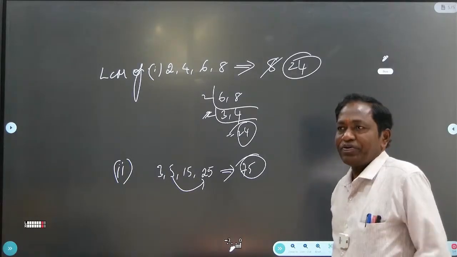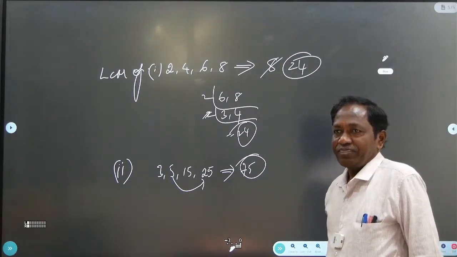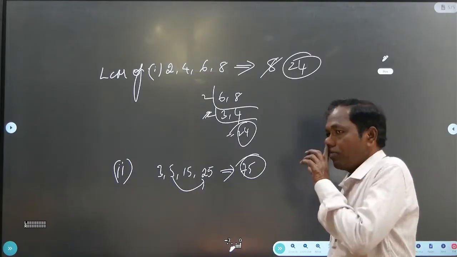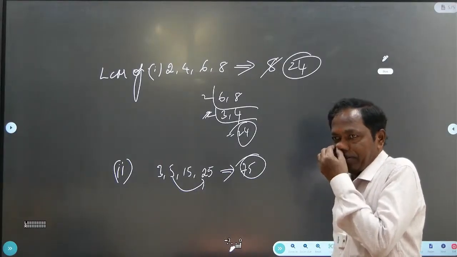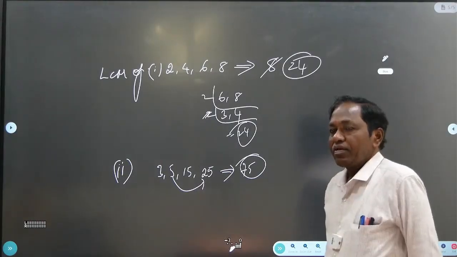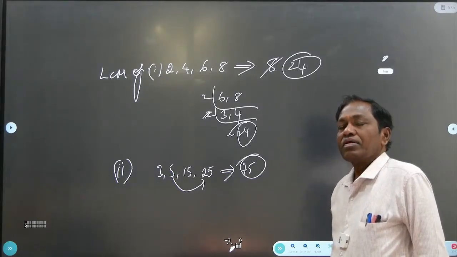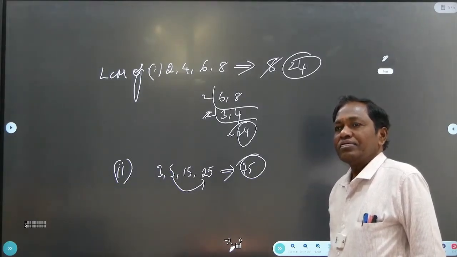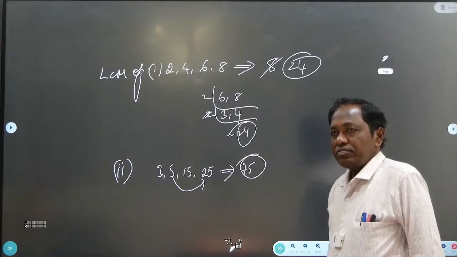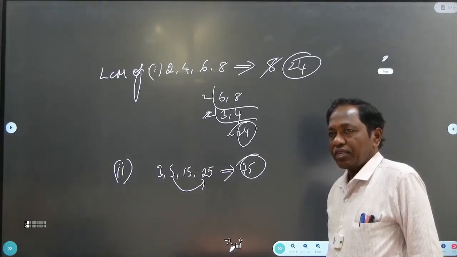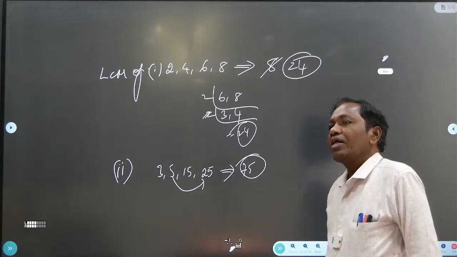The largest number is what you have to check. The largest number should be divisible by the remaining numbers also.